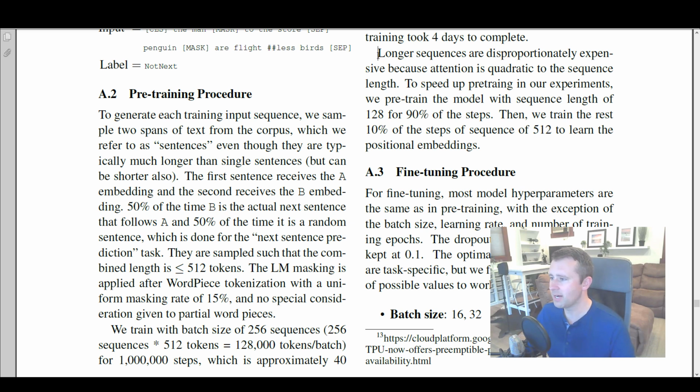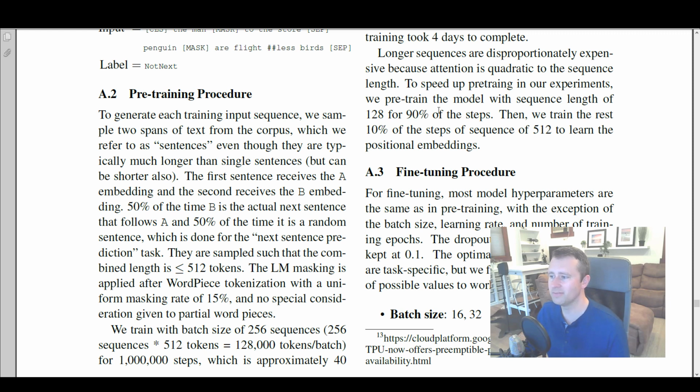A challenge with BERT is that the longer your input text, the longer it takes to run BERT, and that's because it's quadratic. For every input word, you've got to multiply its query vector against every other key vector, so it's n squared with the sequence length. To speed up their pre-training, they first pre-train the model with a maximum sequence length of 128 for 90% of the steps.